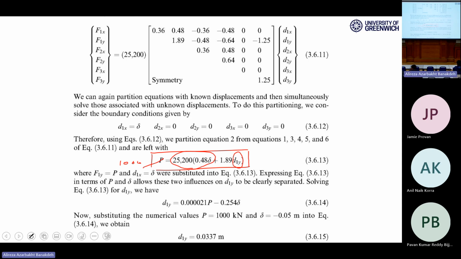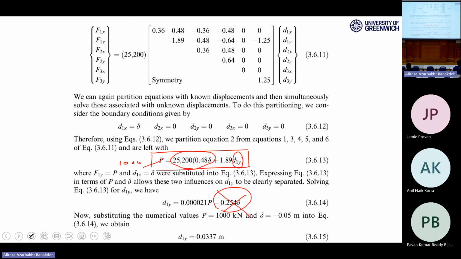Louder, please. No, it cannot be. It should be comparable to 1,000. It's this one. Actually, it's not this one. Sorry.